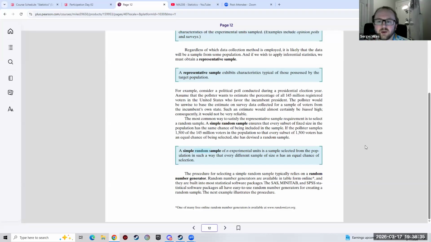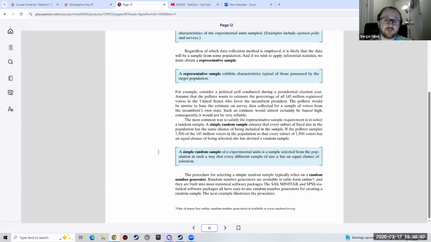All right. Now, randomness does not necessarily fix all of our problems. After all, I could just, by dumb luck, if I randomly pick 10 people, I could just happen to pick 10 male students randomly. In which case, I have a problem where it is not representative.